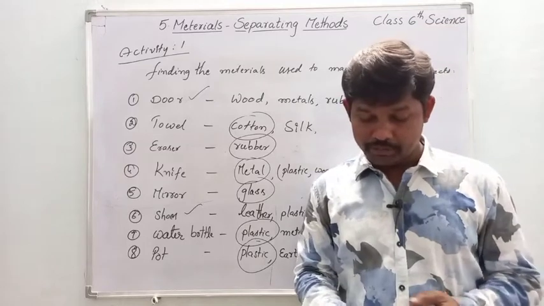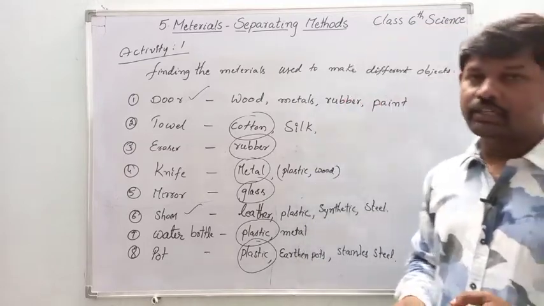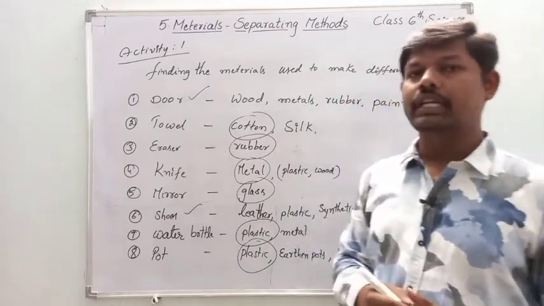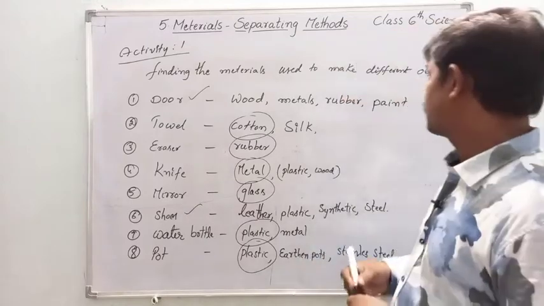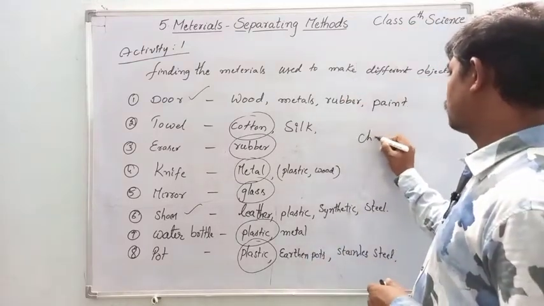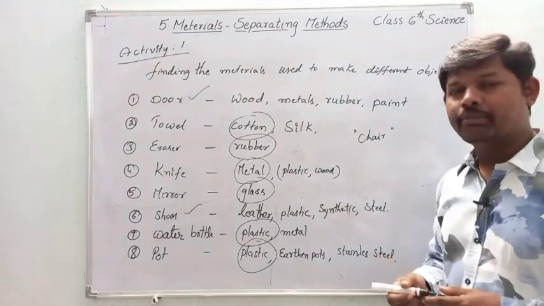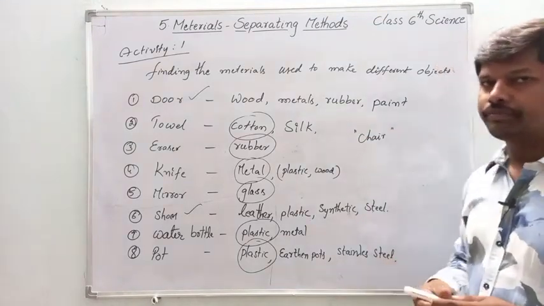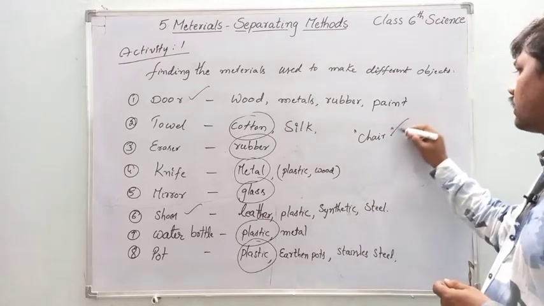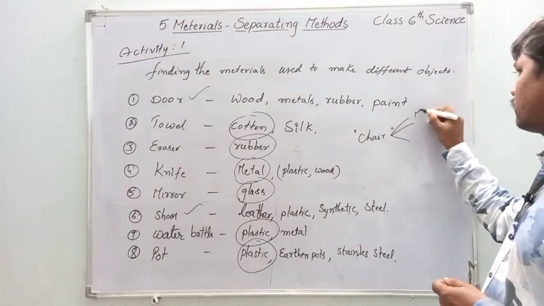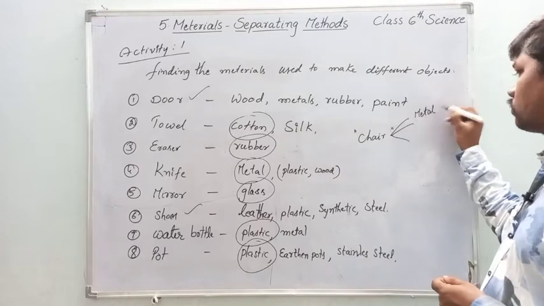And how many types of material can be used for making chairs? For example, here one more object I am telling, chairs. For preparing a chair, how many materials can we use? Chairs are of three types. Metal chair, you can use only metal.